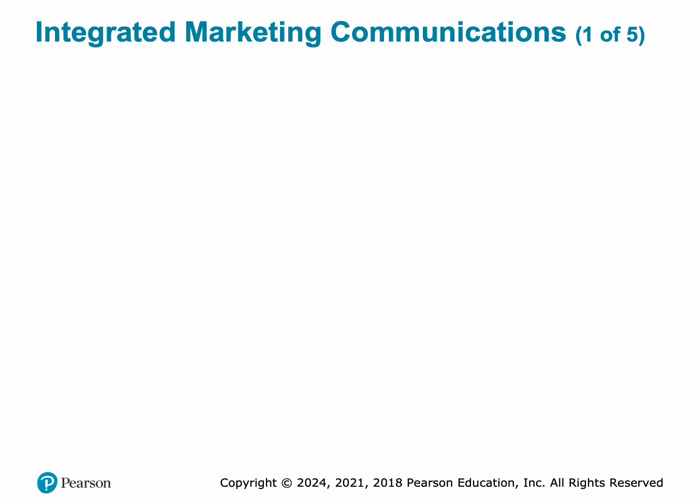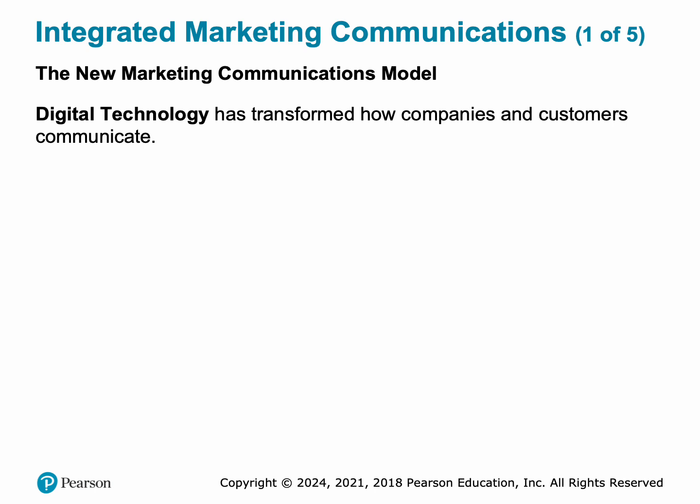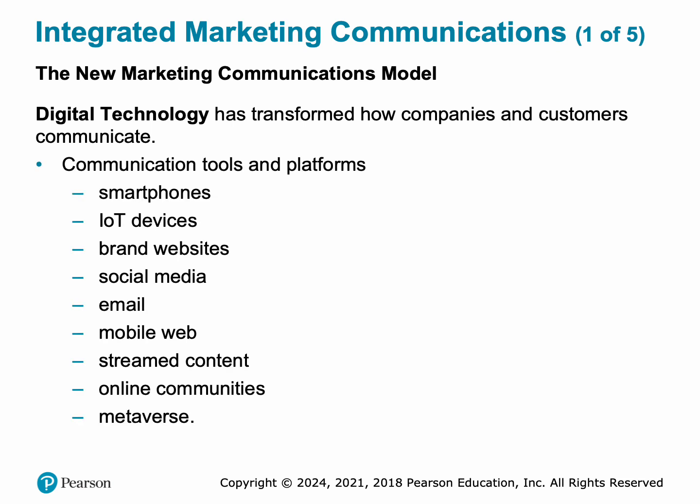Direct and digital marketing includes direct mail, right? Let me back up a bit. Digital technology has transformed how companies and customers communicate, right? So you have all these communication tools and platforms: smartphones, brand websites, social media.